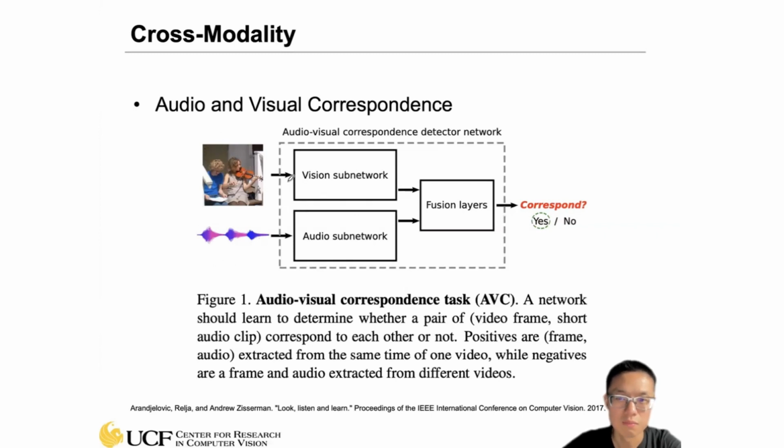If not, maybe the frames are taken from one video, but the audio is taken from a different video. So we can use this to perform binary classification and learn meaningful representations for these networks. So this uses cross-modality correspondence to learn the representation.